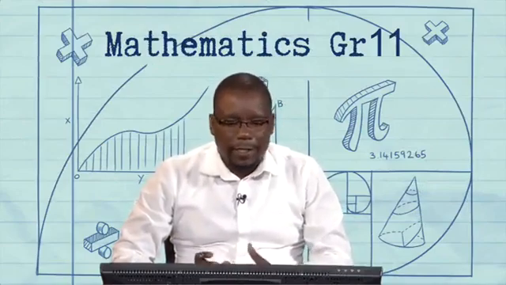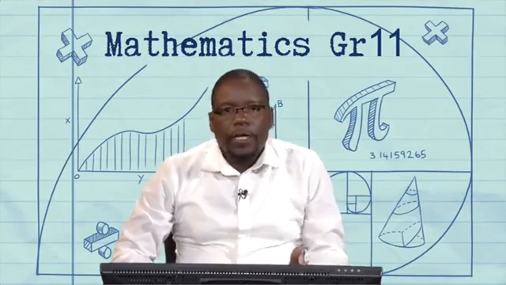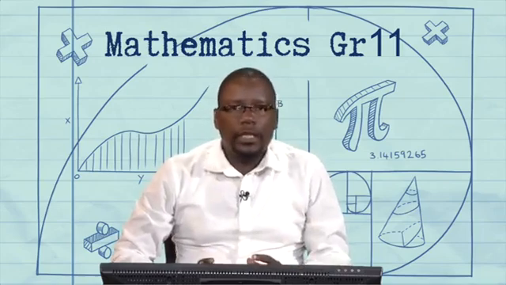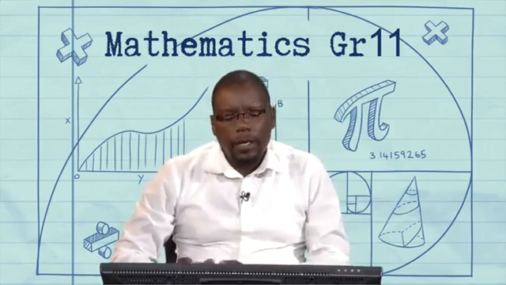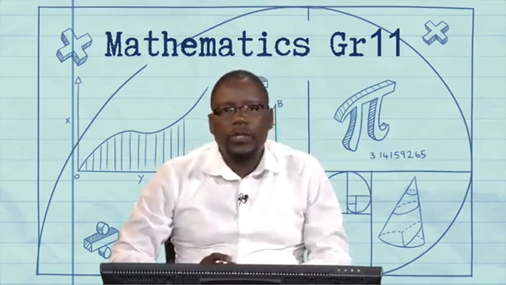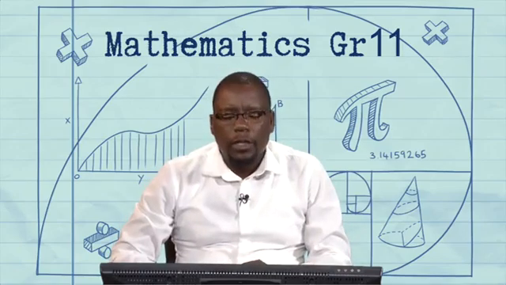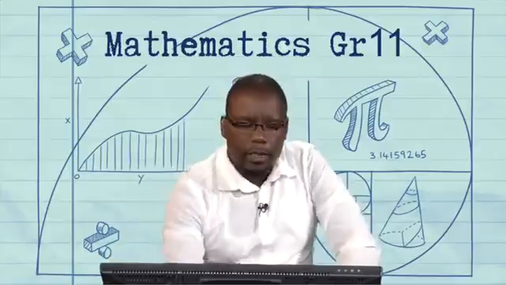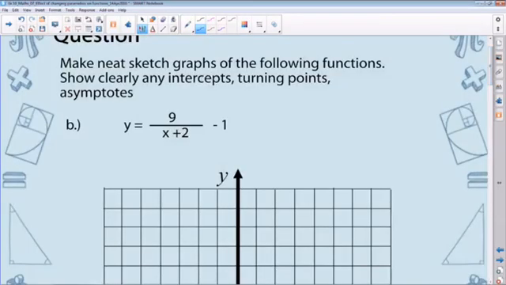Let's proceed. The first part, we did a quadratic one, and we just wanted to refer you back to the hyperbola as well, because you did it last year, and it was only in the form y equals k over x plus q, all right?